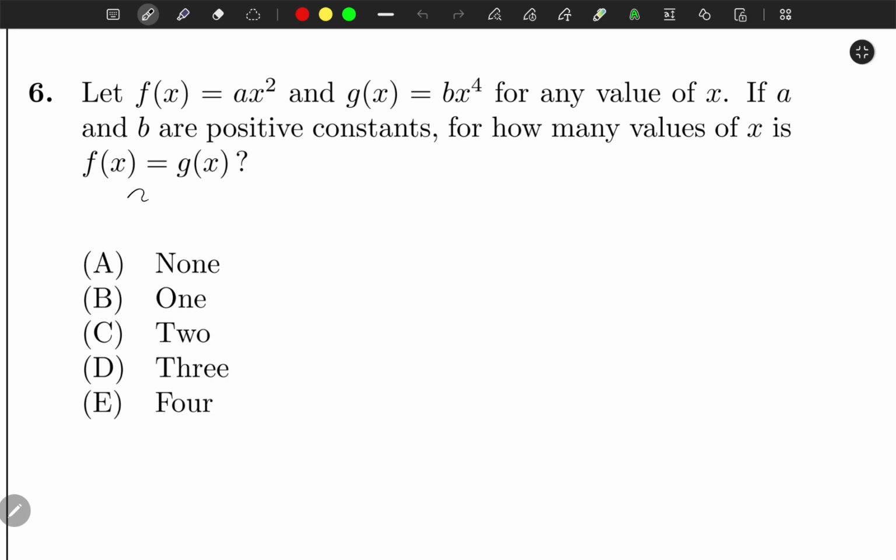Alright, immediately I can see that we're setting this equal to one another. So let's just do that. I'm going to say that a x squared is equal to b x raised to 4. Right, we'll start with that.